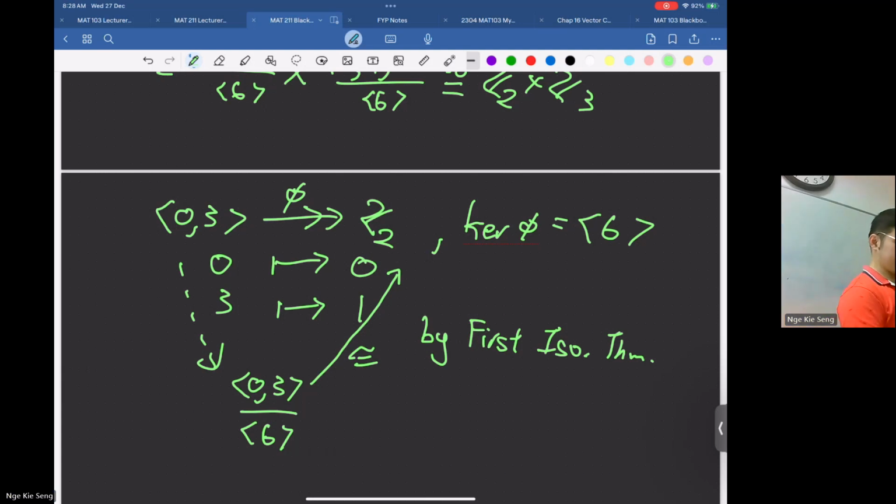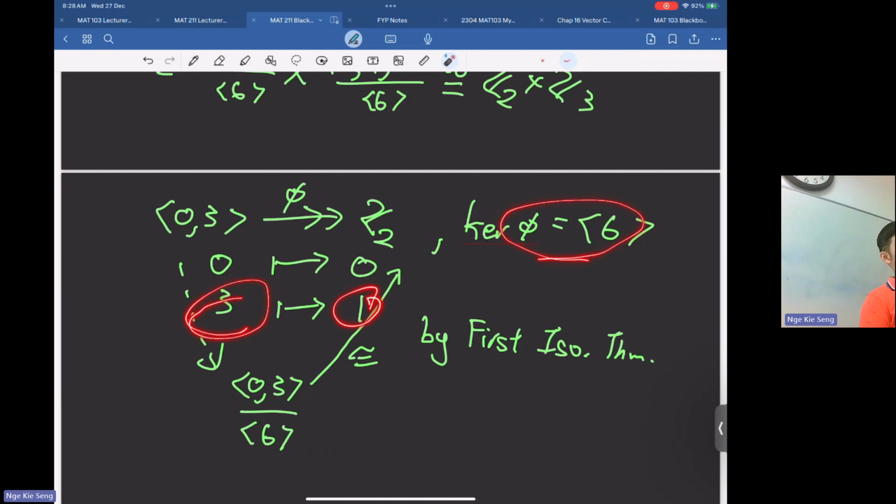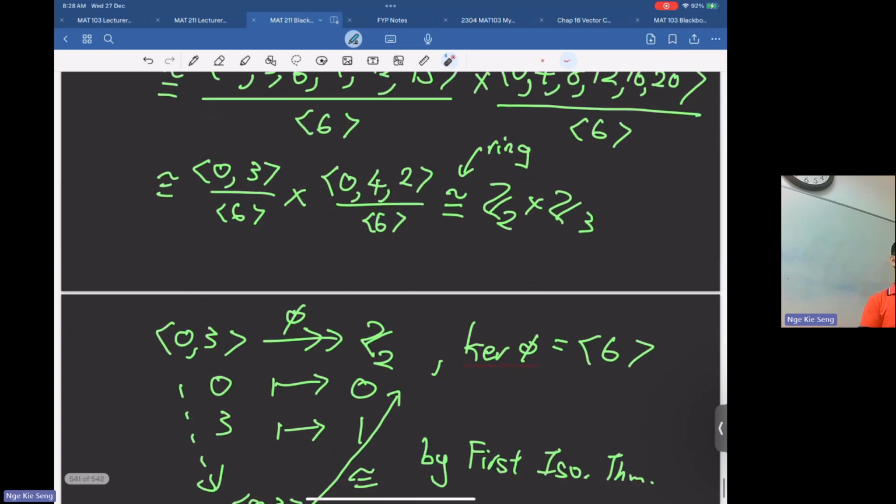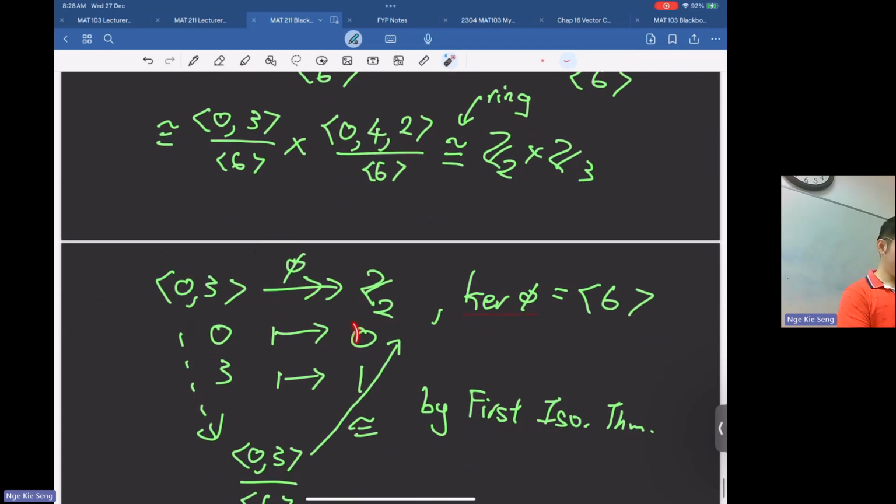It will be easy to see why this kernel is 0, because 1 plus 1 in Z2 is 0. So 3 plus 3 should be in the kernel. 3 plus 3 is 6. Similarly for Z3, you create this map.